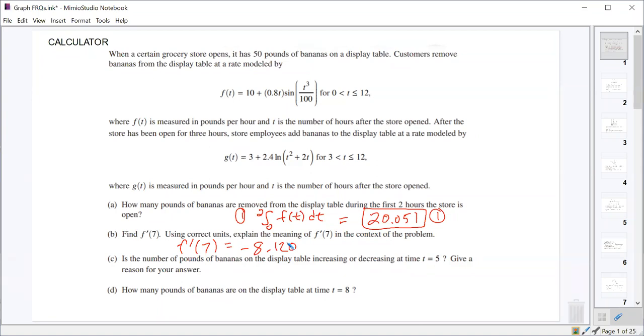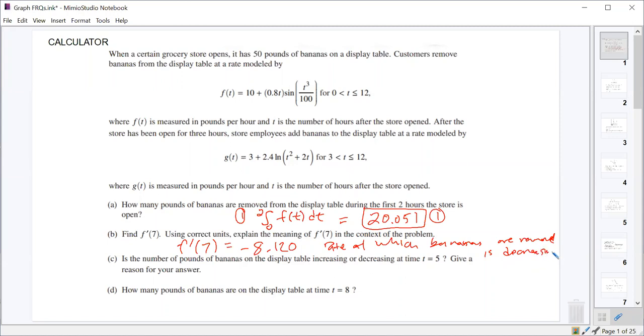And then it asks you for the units, using correct units, and to explain the meaning of that. This is the derivative of something that's already a rate. So that's telling us that the rate at which the bananas are being removed is decreasing.